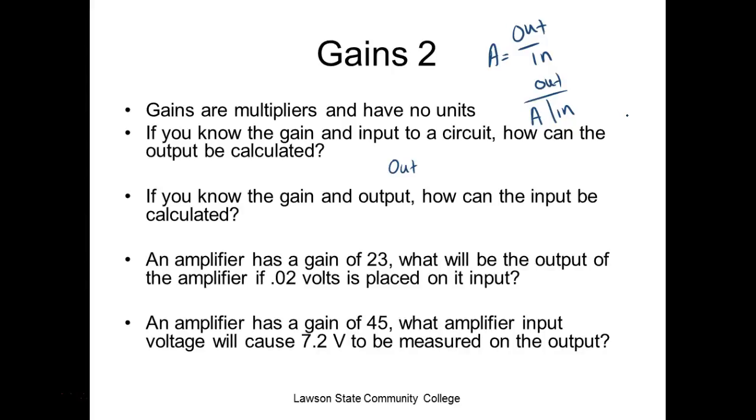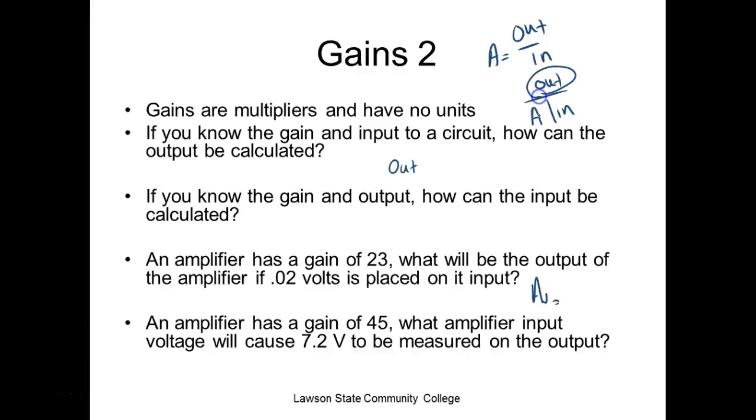An amplifier has a gain of 23. What would be the output of the amplifier if 0.2 volts are placed on the input? So here we're trying to calculate out, and we're dealing with volts.